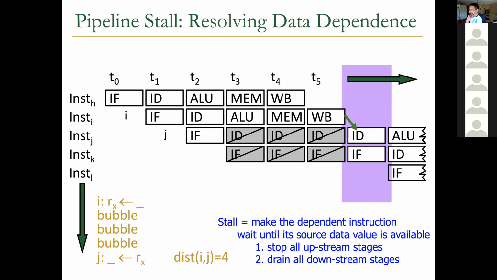And we discussed previously about the intuition why we want to stall the young instruction and finish the later instruction, because it increases the throughput. Otherwise, if we do this differently, if we stop the old ones and carry out the young ones, then the throughput will decrease as a result, and this doesn't make sense.